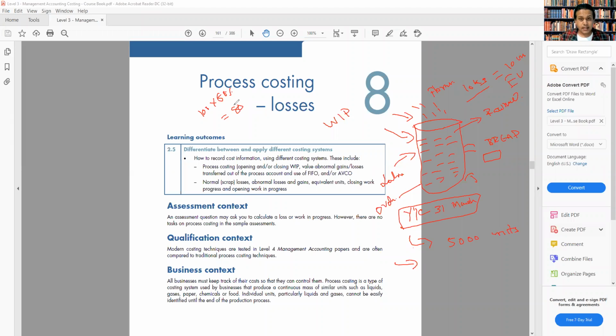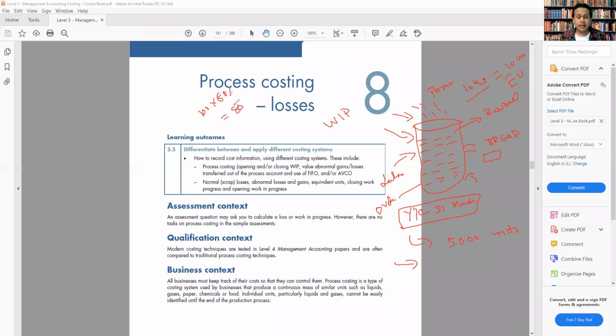The reason is 100% is not completed yet, so only 80% is done. This is called the percentage of completion of the WIP, that is, work in progress. How much is completed, we have no idea, so the question will tell us. You don't have to worry about it.